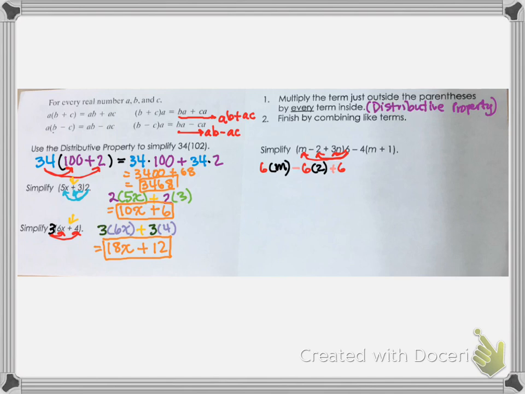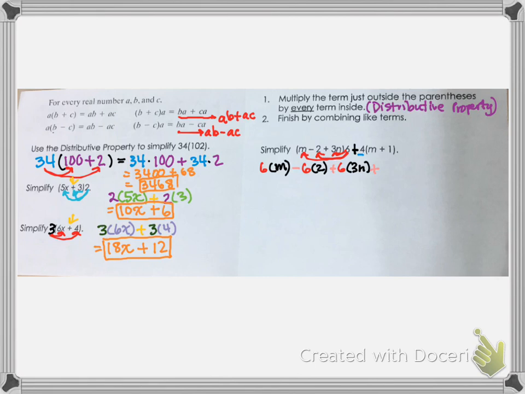Now I'm also going to make another alteration to this problem. And notice here it says minus between the two groups. Well, we're going to make it a plus sign because we're not ready to deal with the integers yet. Kind of talked about that before in the other stuff. So we're going to multiply this time 4 times each of the things inside its parentheses. Now notice it says plus in front of it, so we're going to write plus here.